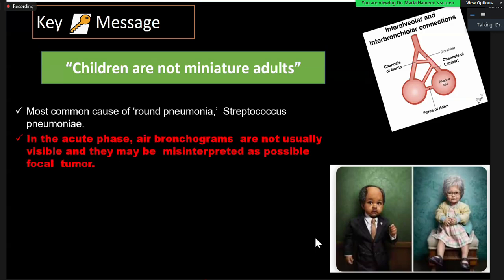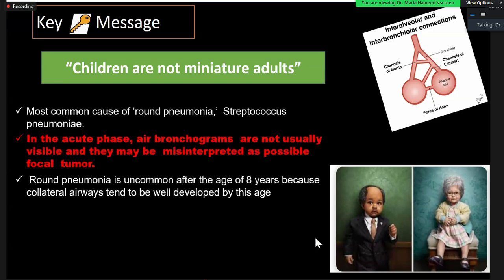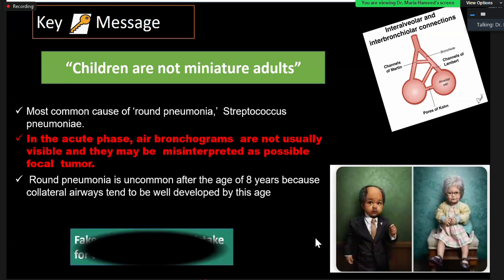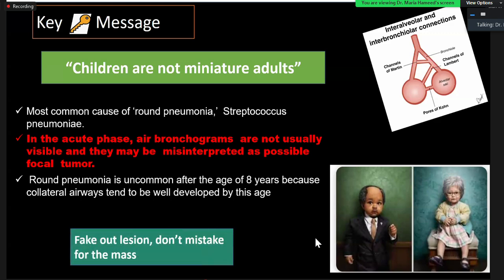So always be aware of this entity. If you see this kind of appearance after 8 years of age, or in some literature 10 years, after the first decade, most of the collateralization has fully developed, and you then have a different kind of pneumonia pattern rather than round pneumonia. So if you find any opacity after the first decade, think of something else, not round pneumonia.